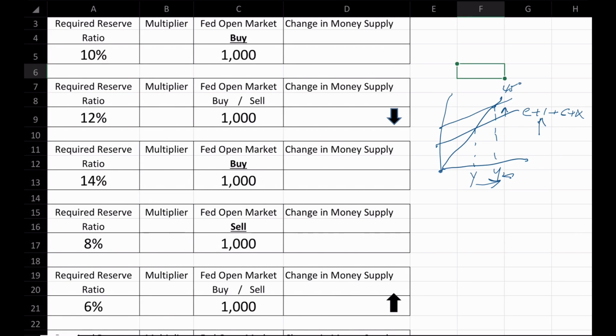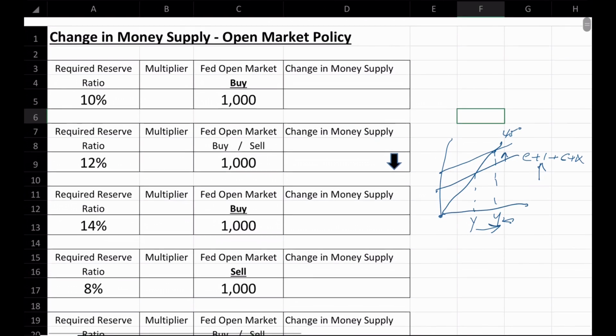So how can we shift that up? They do it by inflating the money supply, so businesses have more money to loan.